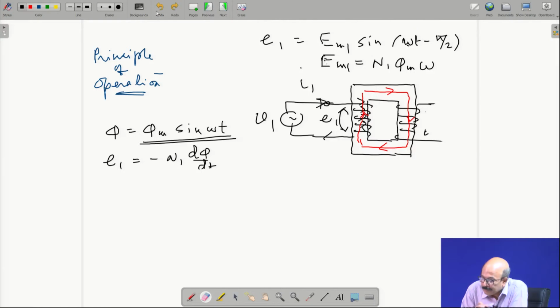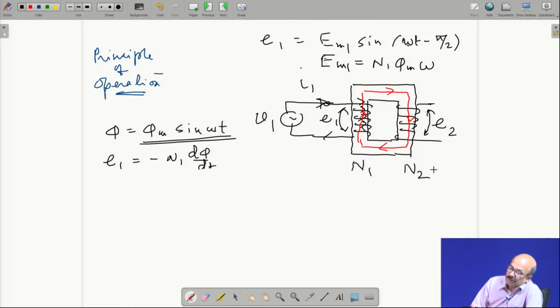Because the flux is linking this coil. If this is N1 number of turns, this is N2 number of turns, then applying the same principle, because the flux is linking and the change of flux and the number of turns is N2, just apply the same principle.